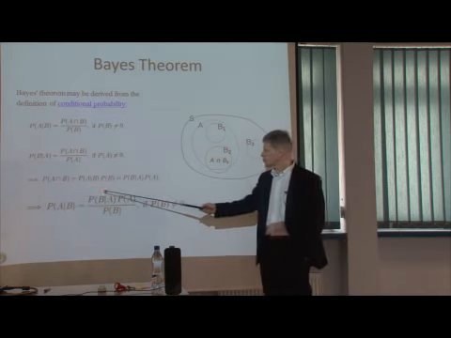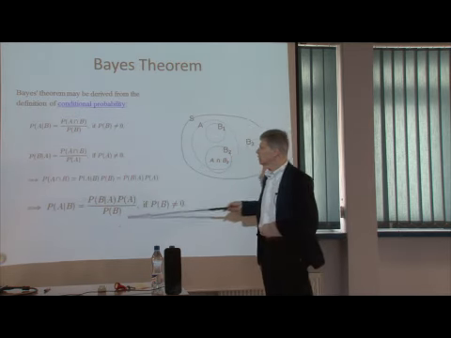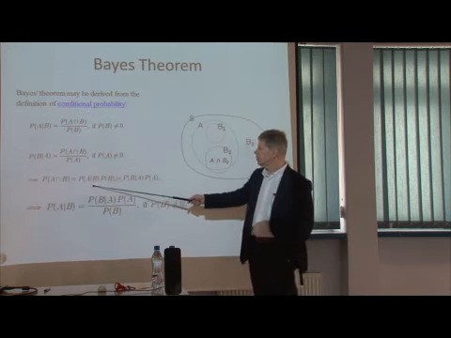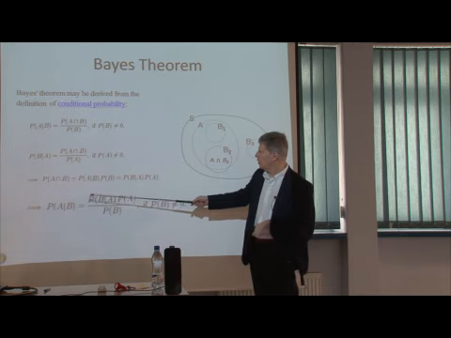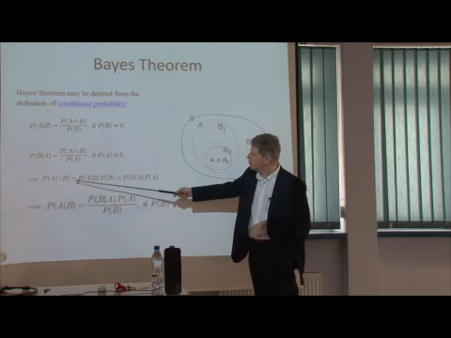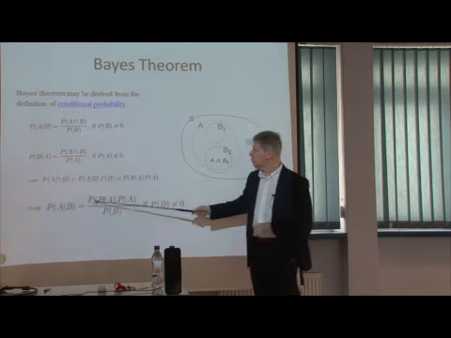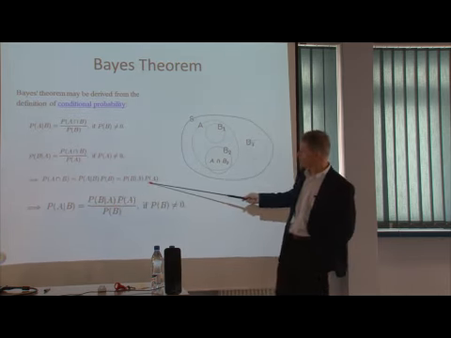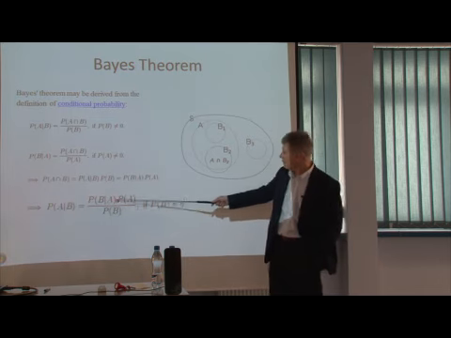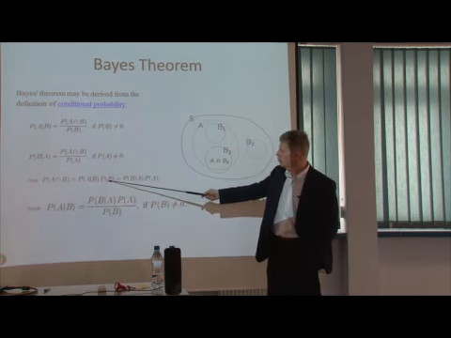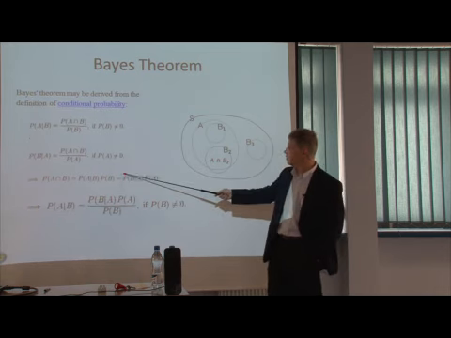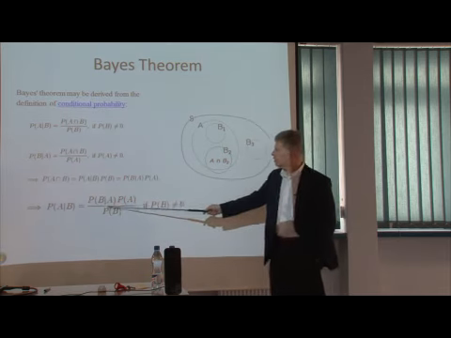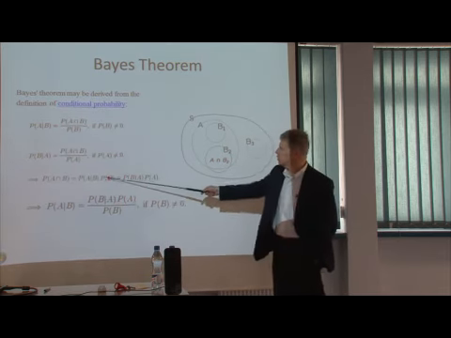Well, that would suggest that the probability of A given B can be obtained by dividing probability of A and B, probability of B given A, yes, this part, divide by probability of B. So essentially we take this part here, which is probability of A and B, and divide by P of B, which is this thing.